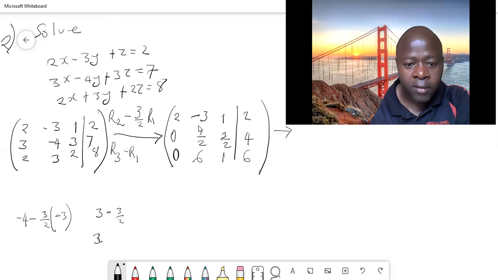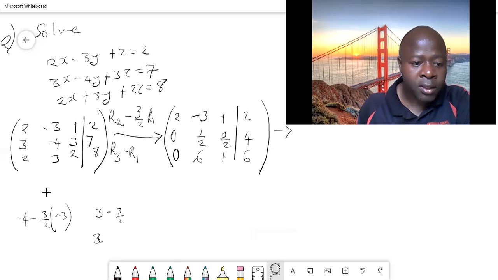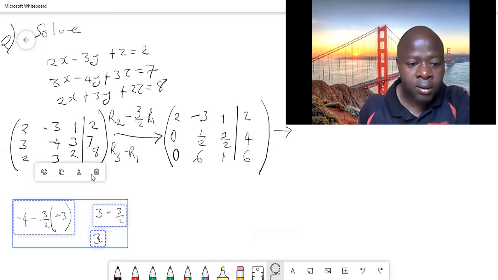So what is left is to use this to create a 0 here. Let me erase here and create some space for us to use.